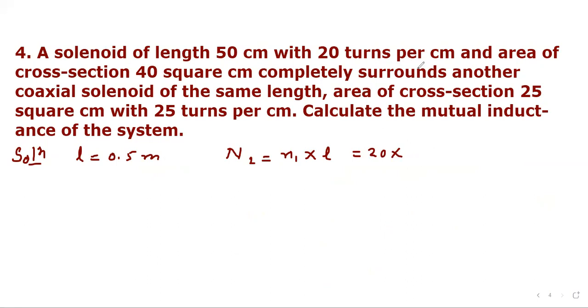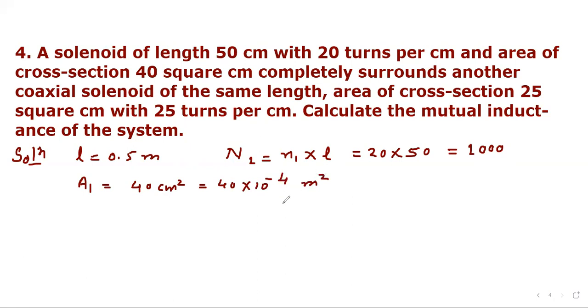Number of turns per centimeter is 20, length is 50 centimeters. So here we multiply 50, so we get 1000. And the area of cross section of outer solenoid, suppose A1, is given as 40 cm square. That can be written as 40 into 10 to the power minus 4 meter square.